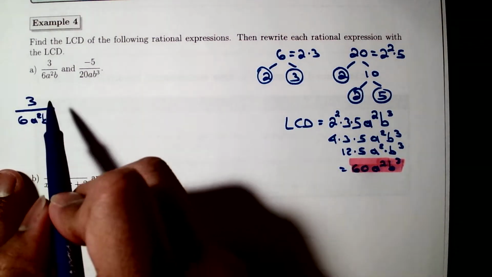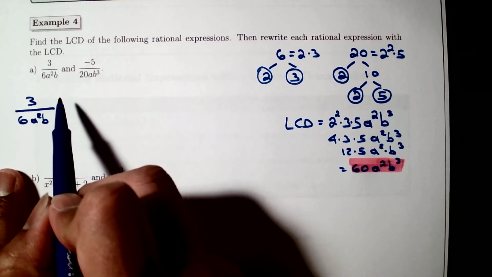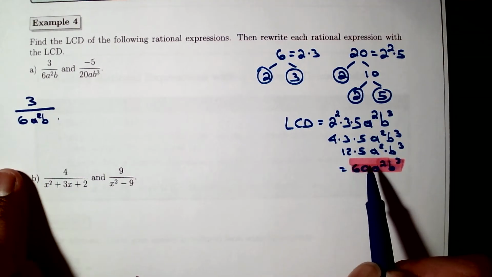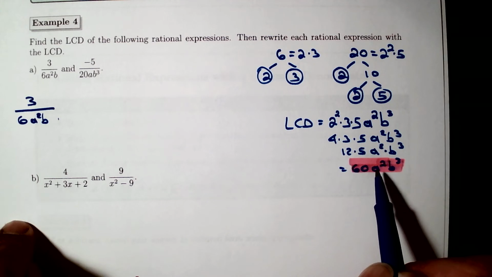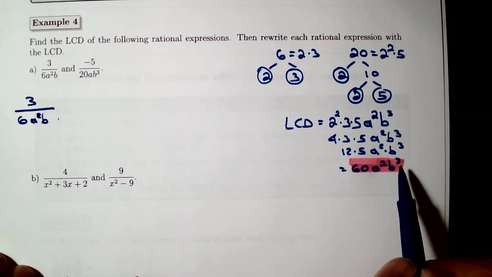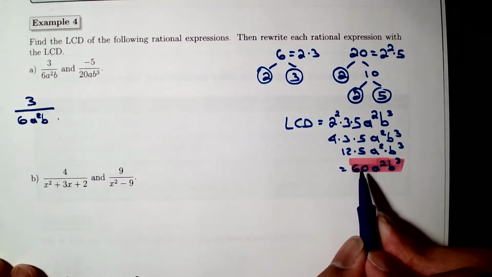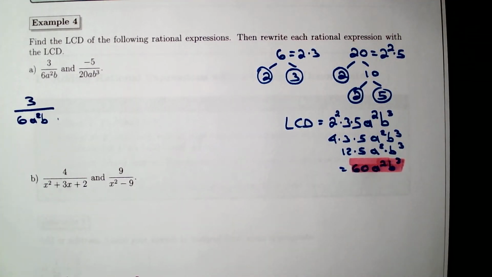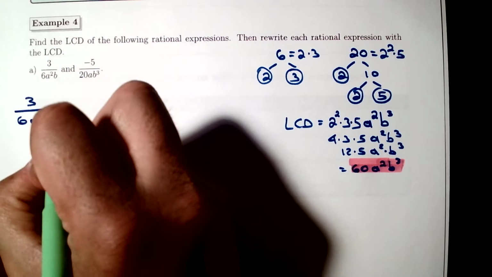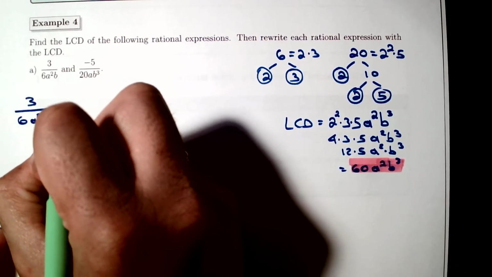So what do I need to multiply numerator and denominator so that I get a 60, a to the second power, b to the third power? Well, in this case, this 6 needs to become a 60 by being multiplied by 10.